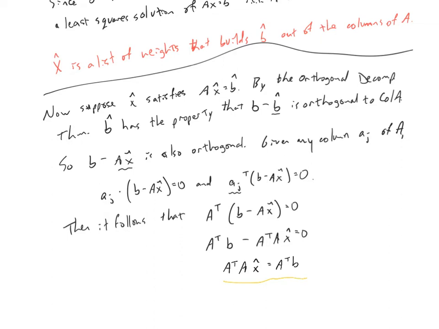A formula for how we can find this vector x hat. On the left-hand side, I take A transpose A. On the right-hand side, I take A transpose B, and then I can solve this system to produce the vector x hat that is the least squares solution to AX equals B.